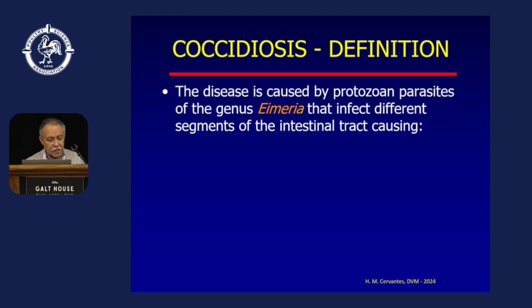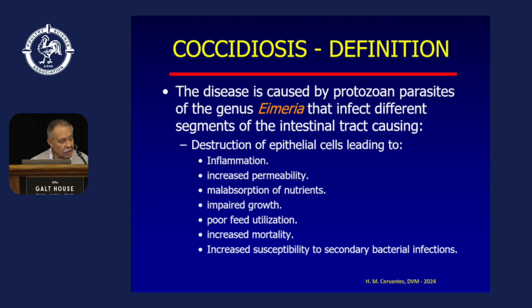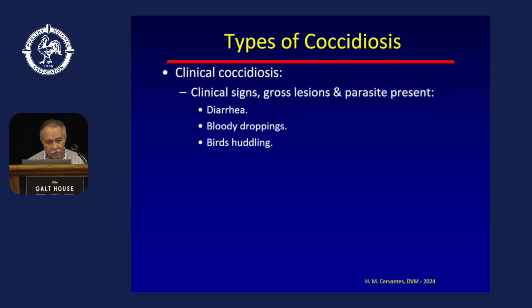As far as the definition, the disease is caused by protozoan parasites of the genus Eimeria that infect different segments of the intestinal tract, causing destruction of epithelial cells leading to inflammation, increased permeability, malabsorption of nutrients, impaired growth, poor feed utilization, increased mortality, and increased susceptibility to secondary bacterial infections.